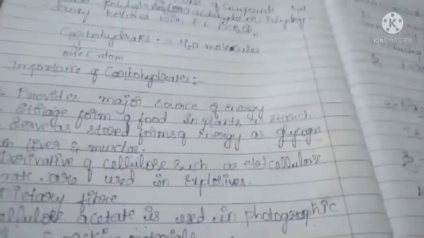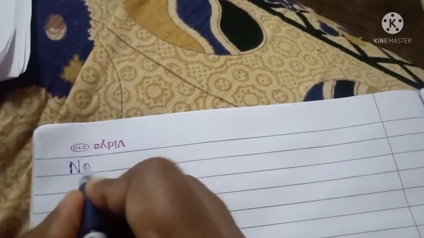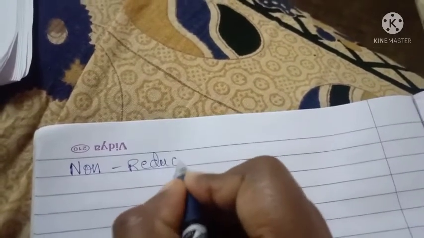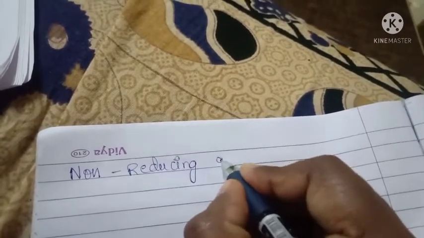Next, the second one is non-reducing sugar. Non-reducing sugar is the opposite of reducing sugar. Reducing sugars have an aldehydic group or a ketonic group.